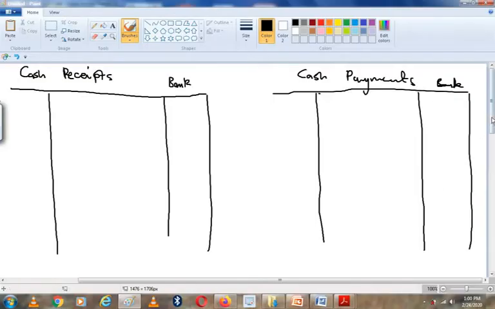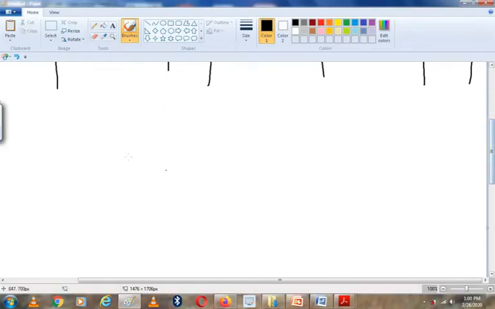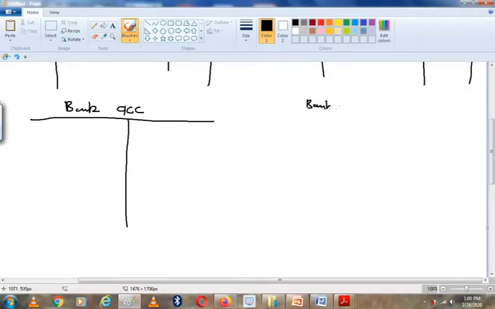Alright, and then we've been asked for the bank cash receipts, cash payments, and then the bank account. So we're going to put the bank account here. So bank account, and then we've been asked to show the bank recon statement.